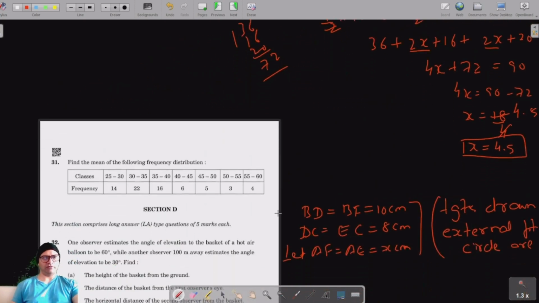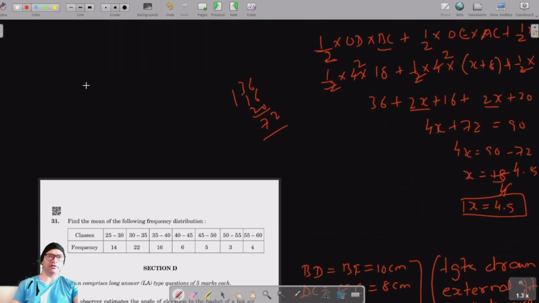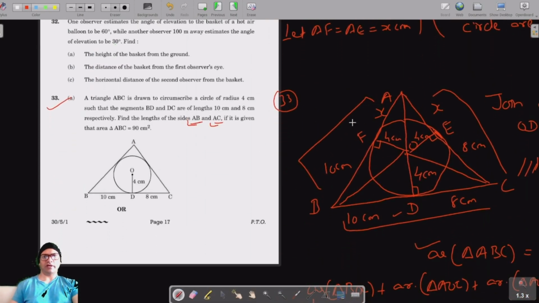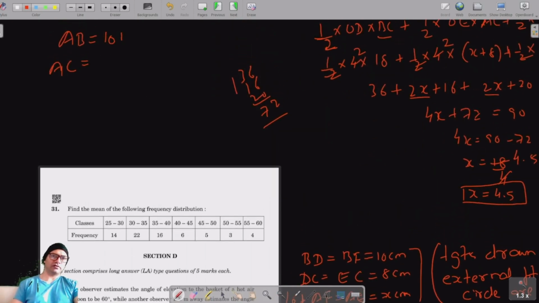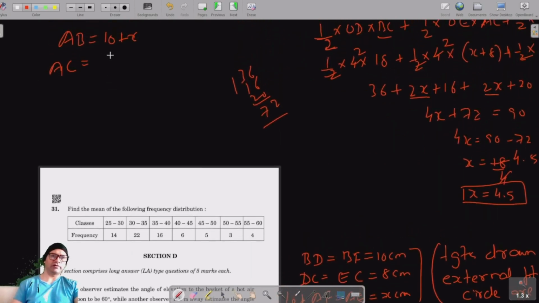Now, let's see what was asked in the question. It was asked to find the lengths of AB and AC. So AB was 10 plus x, and AC was x plus 8.